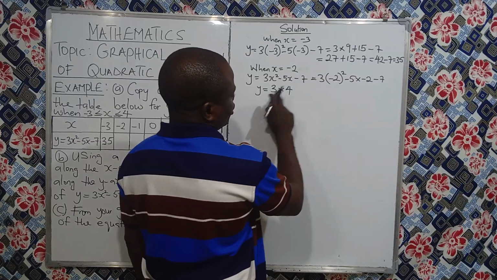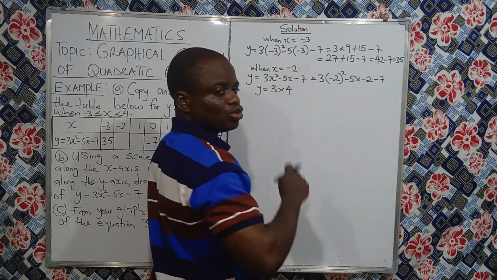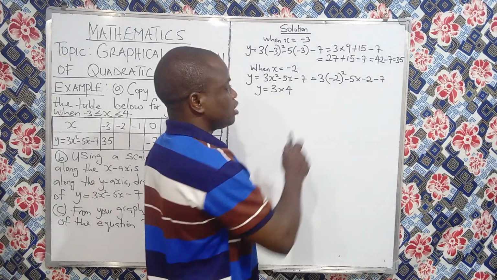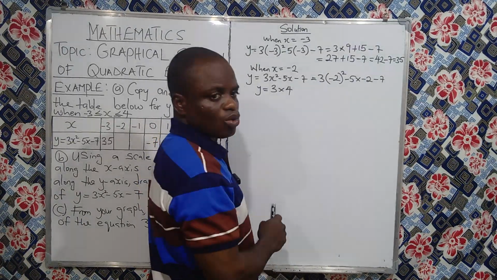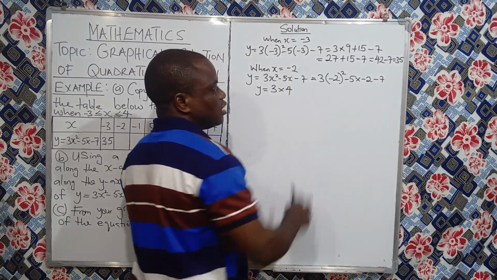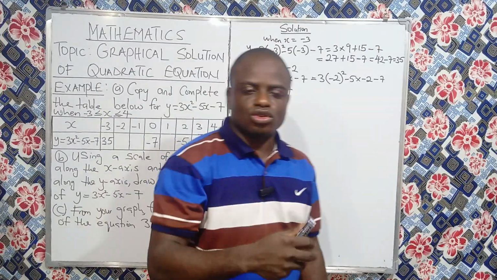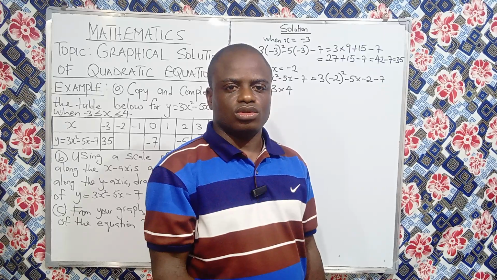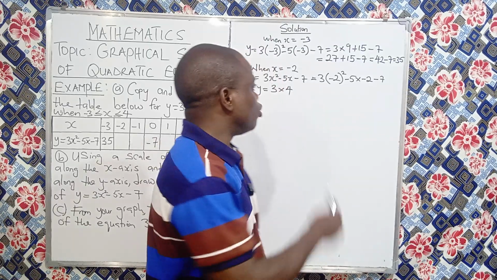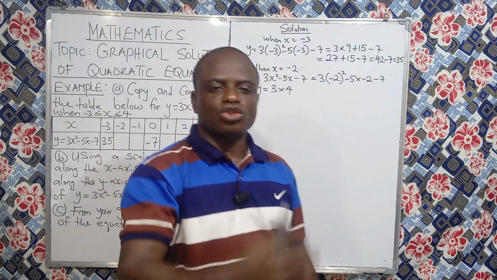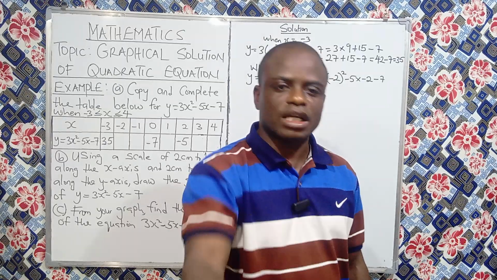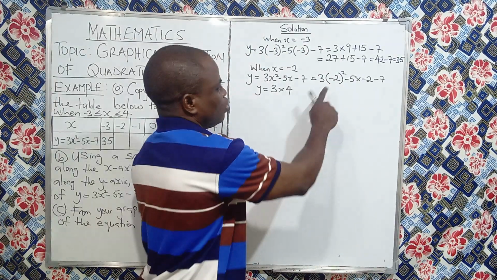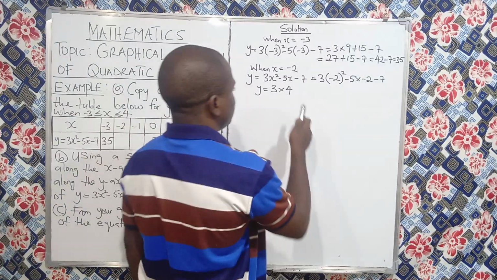But some students make the mistake of saying minus 2 squared means minus 2 times 2, which will give you minus 4. No, we are squaring it twice.